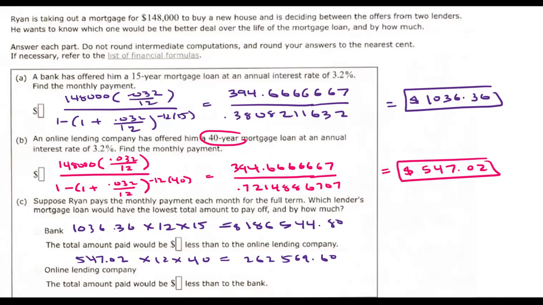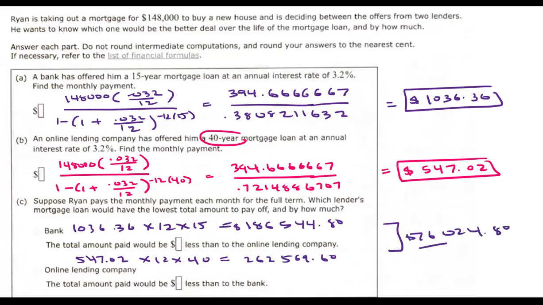Okay. So even though it's a lower payment, right? Again, it's almost double the one for the bank one, right? So a lot of people are going to pick this one because you're paying a lower payment. However, in the long run, it's not going to help you, right? So when we subtract these two, we get $76,024.80.